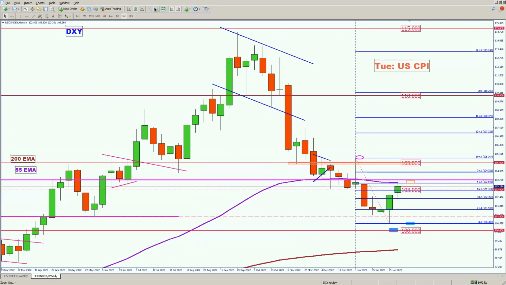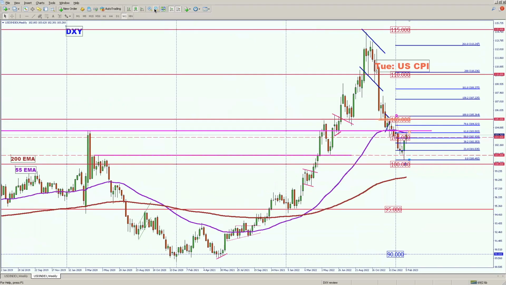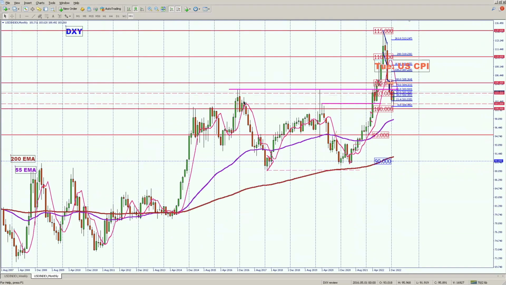And previously, this is also a swing high resistance area. If we take a look on the monthly, yeah, that's where this double top was before, and that's around the 103.70 area.